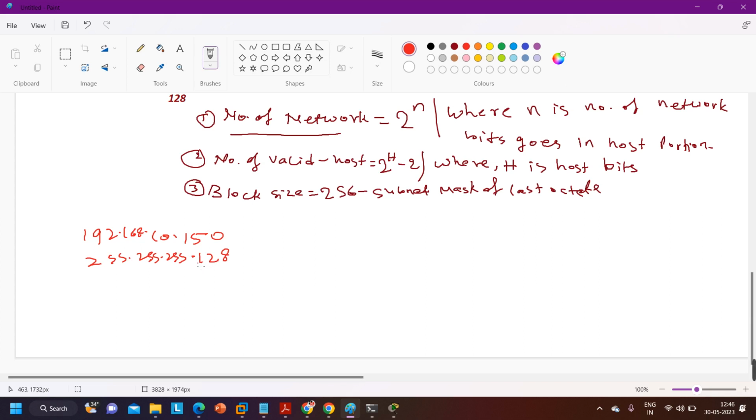How many network bits go into host bits? By default, this IP address belongs to class C. That means the default subnet mask would be 255.255.255.0. But my subnet mask is different, 255.255.255.128. If you convert it into binary, so 1.